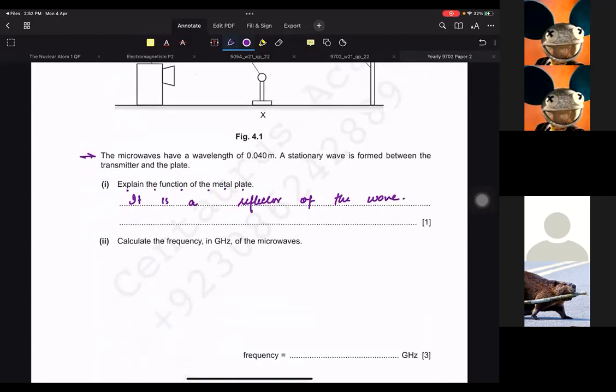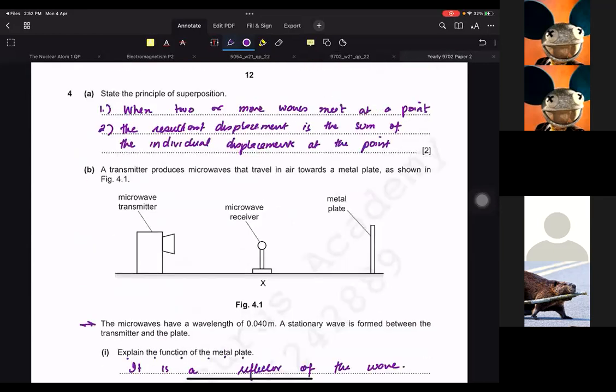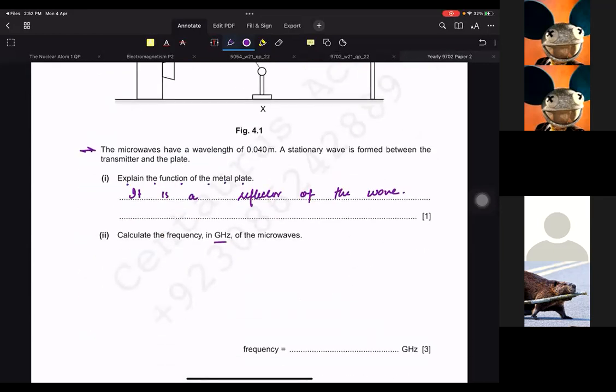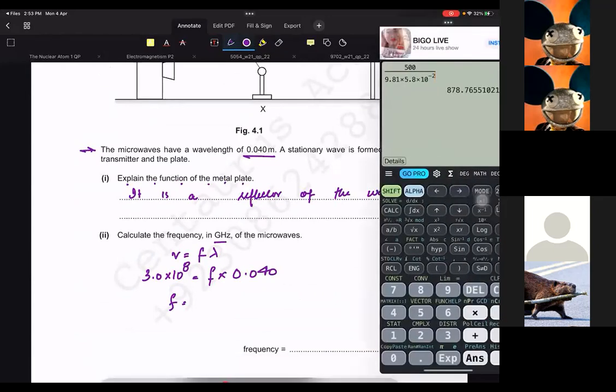Now it says calculate the frequency in gigahertz of the microwaves. They have given the wavelength already. So we're going to use v equals f lambda. We should know that the speed of any EM spectrum wave is this. Sorry, and the wavelength lambda is 0.040. So let's do this.